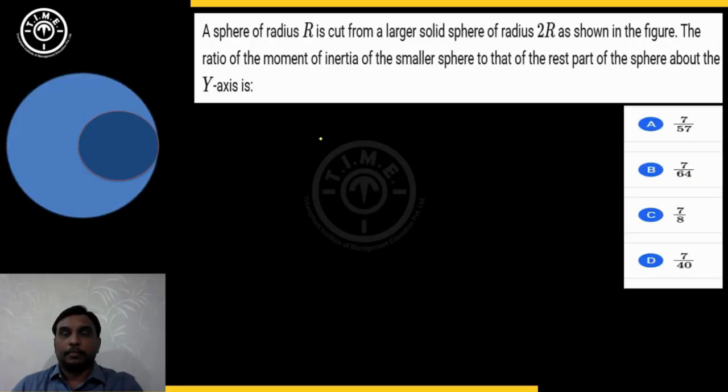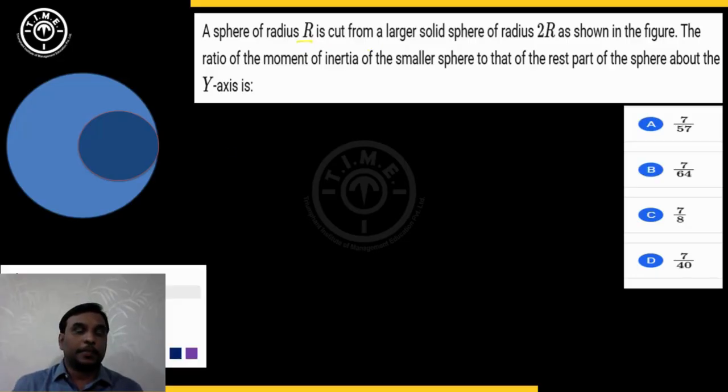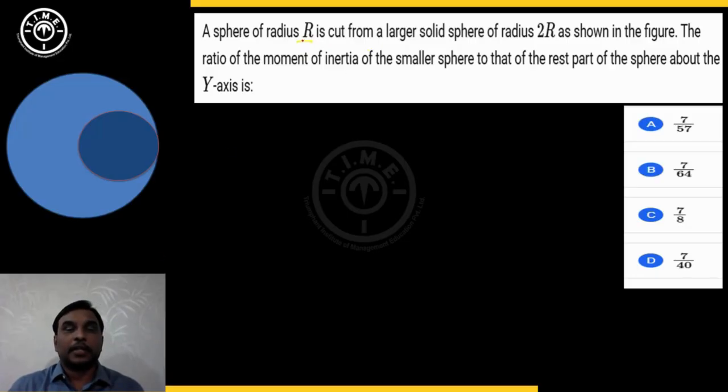Now this question is very important. It was asked in the recent JEE Mains, and you can expect the same type of question in the Advanced exam also, so please concentrate on this. A sphere of radius r is cut from a larger sphere of radius 2r.